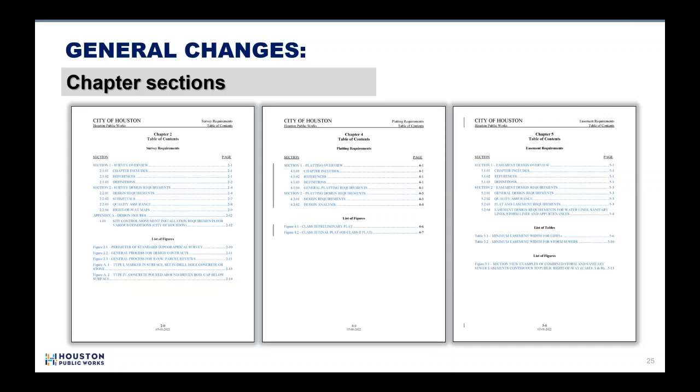For example, chapter 1, 2, 4, and 5 are now organized into sections to help streamline navigation throughout the chapter. Each title in the table of contents is also hyperlinked to its designated location. Clicking on any of the links in the table of contents takes you directly to that paragraph, figure, or table.